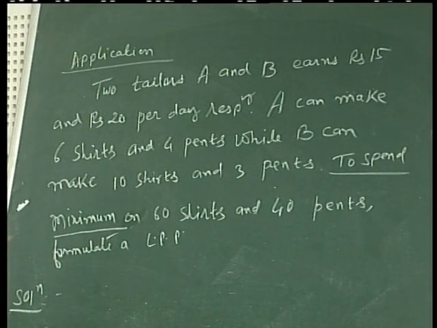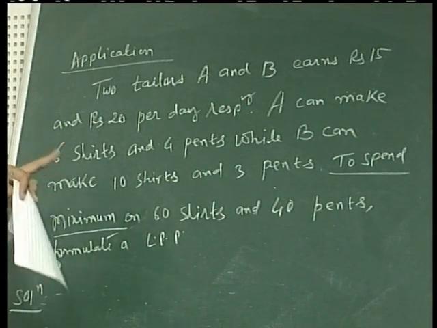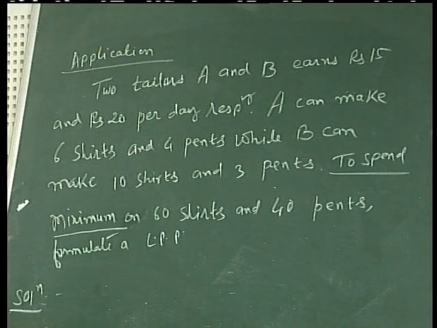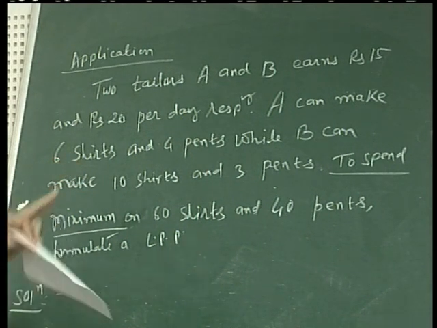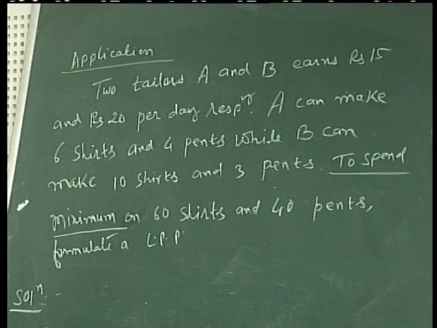And because the numbers are rupees 15 per day, the decision variables are for how many days tailor A should work and for how many days tailor B should work. Here smartness is required in choosing the decision variables.